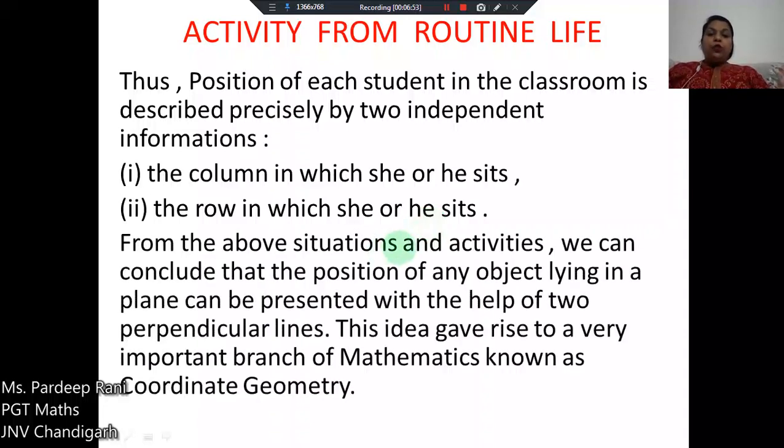From the above situations and activities we discussed from our routine life, we can conclude that the position of any object lying in a plane can be represented with the help of two perpendicular lines. Only this idea gave rise to a very important branch of mathematics known as coordinate geometry.